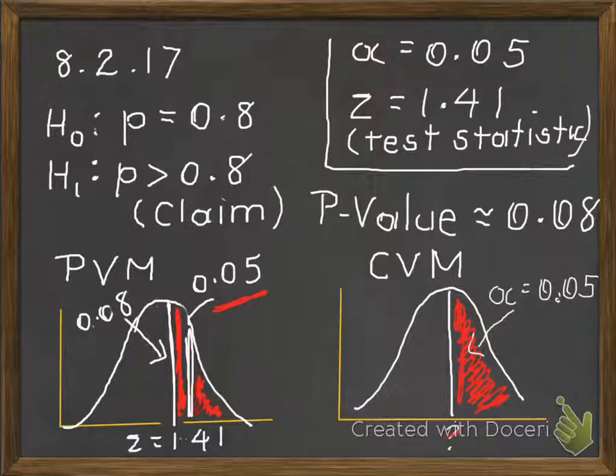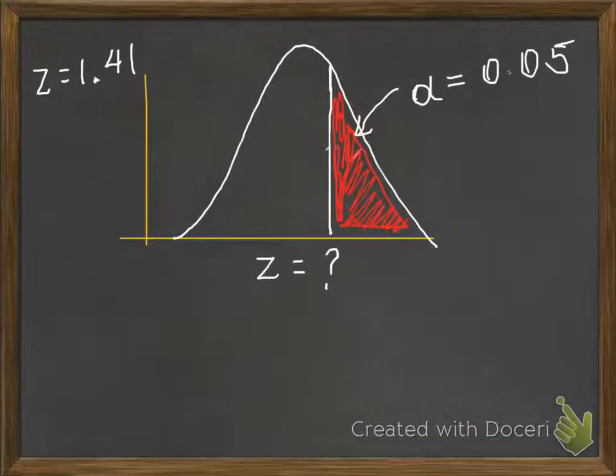And then we'll see if the test statistic falls within that critical region. So to find this z-score at the border of the critical region, which has an area of 0.05, the proportion under this normal curve is 0.05.